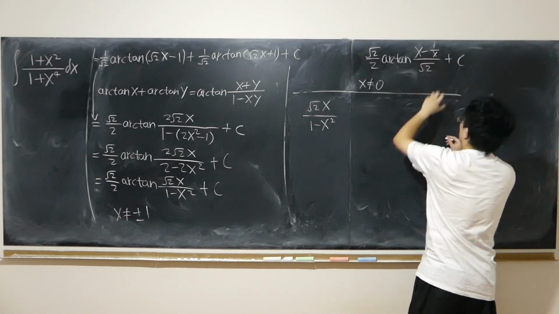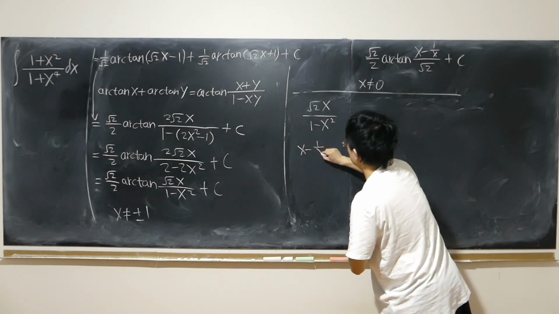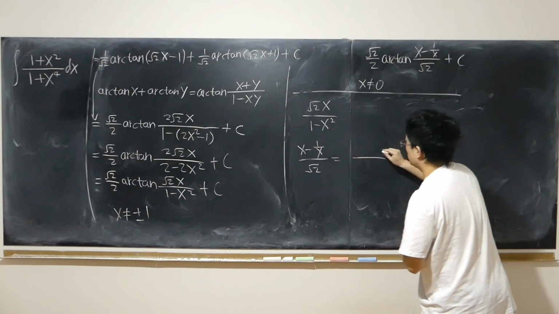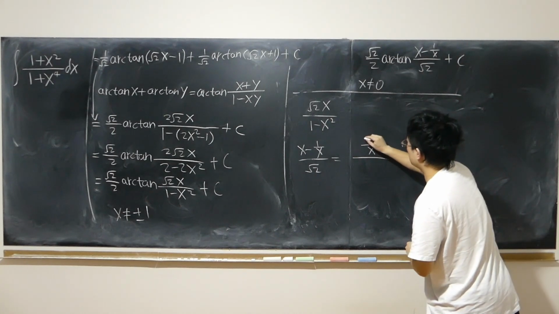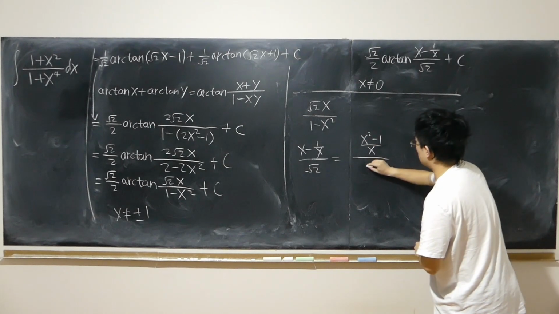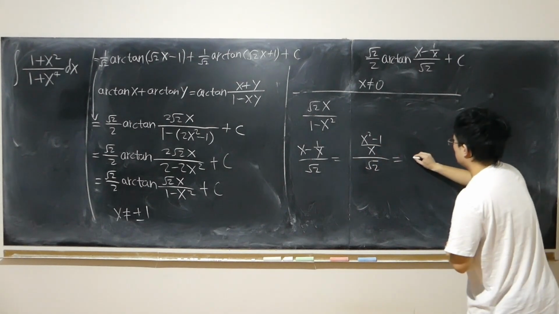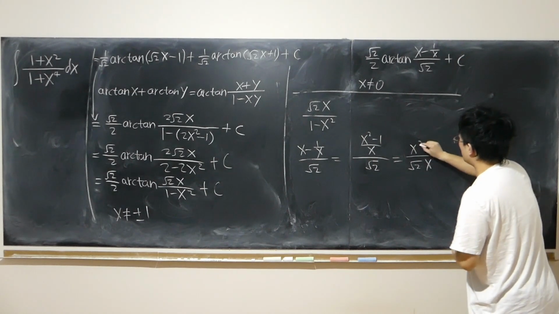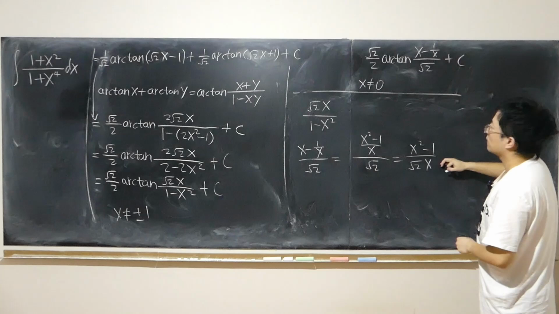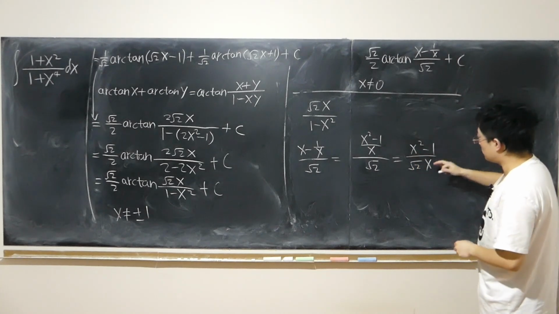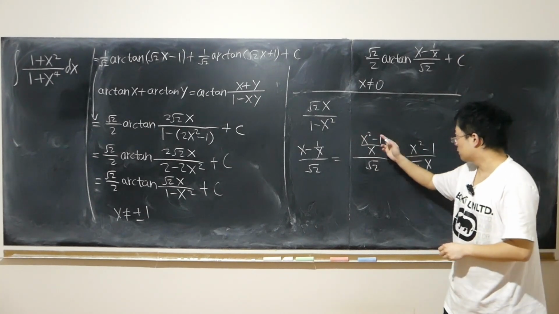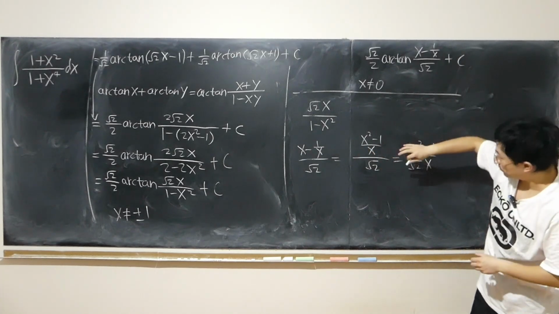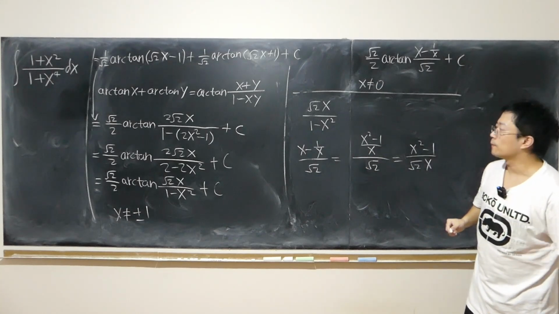Or perhaps we take that, 1 minus 1 over square root of 2, can be simplified: x squared minus 1 over square root of 2. That is square root of 2 times x squared minus 1. So this is, yes, the 1 minus x squared minus 1, negative. So reciprocal, really the negative reciprocal.